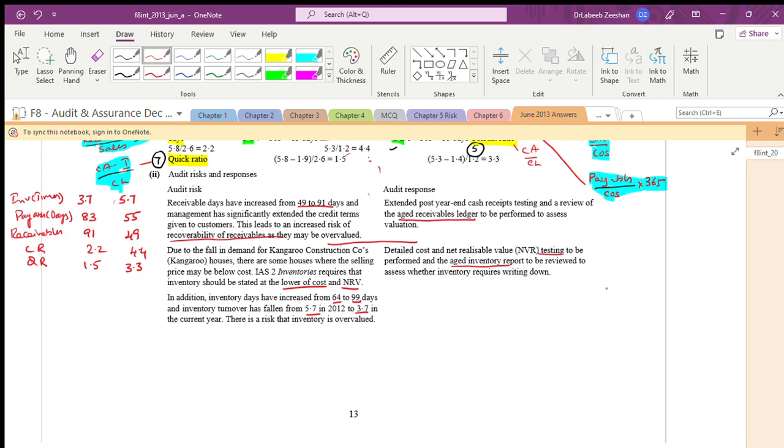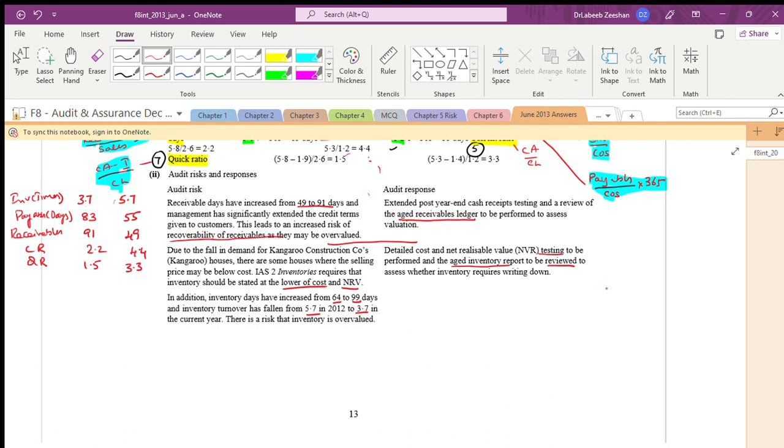Detailed cost or net realizable value testing to be performed. You have to go into detail whether really it has been valued properly. That is the response you are going to do with this risk. And if there is any aged receivables, we have to review it.